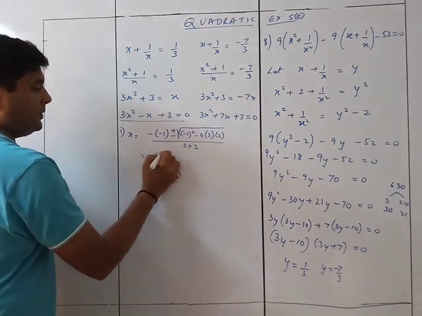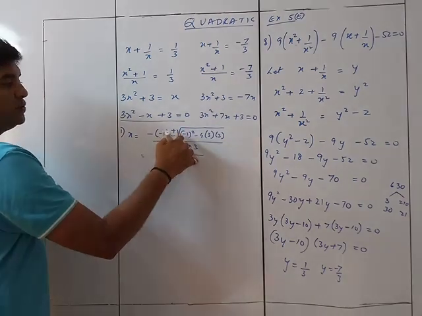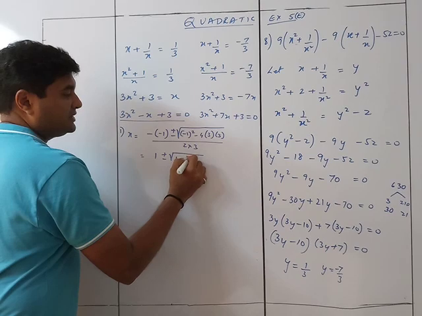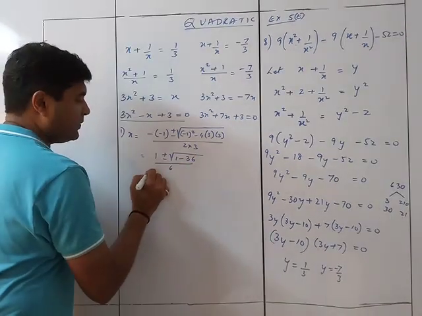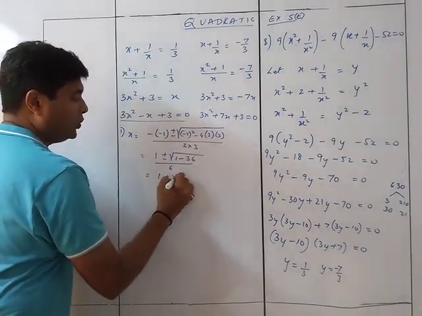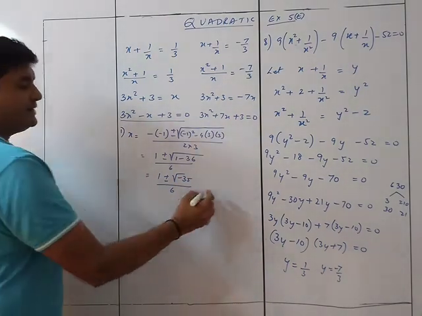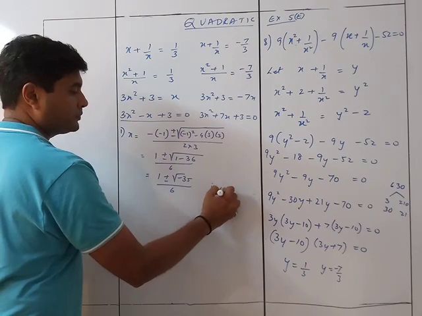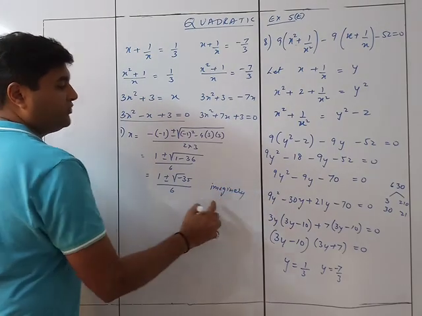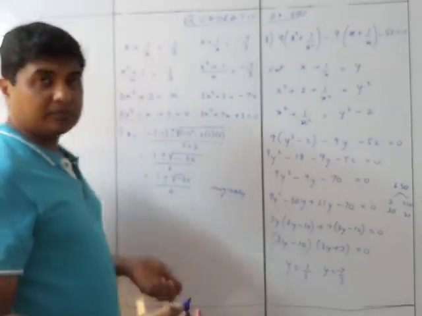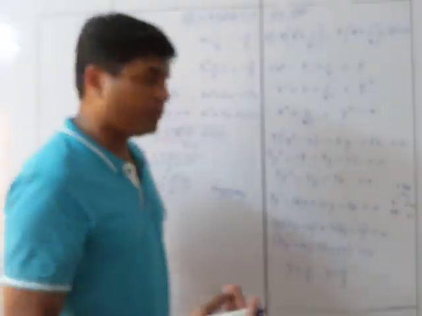So that will give me 1 plus or minus root of 1 minus 36, upon 6. So that will give me 1 plus or minus root of minus 35 upon 6. Now this one is an imaginary root. So therefore this is not possible. The value of this is not possible because you cannot have an imaginary root for this.